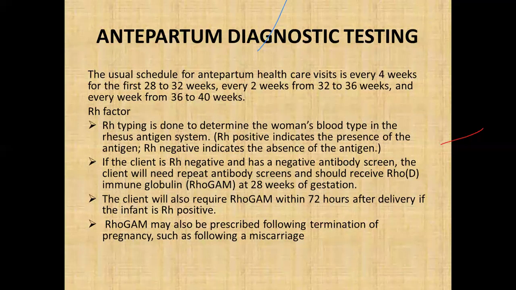So if there is any problem and there is mixing of maternal and fetal blood, the body will see the positive blood coming from the child as an external body, and then it will start producing antibodies against it. That could lead to complications, and can lead to anemia and all that.